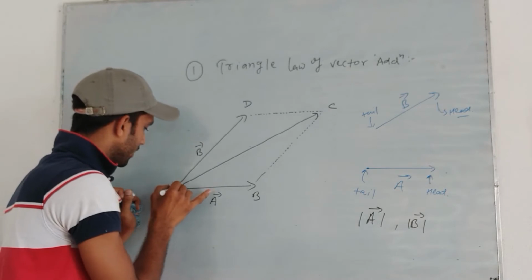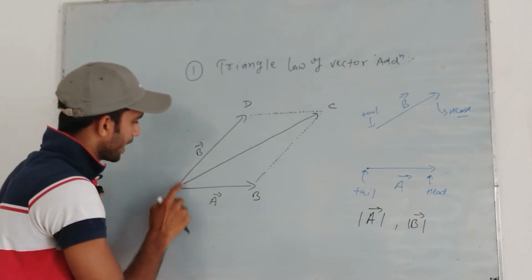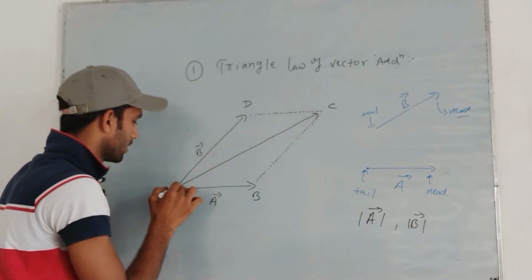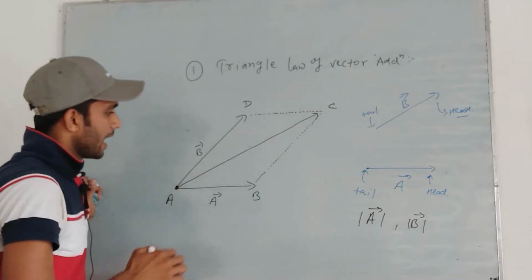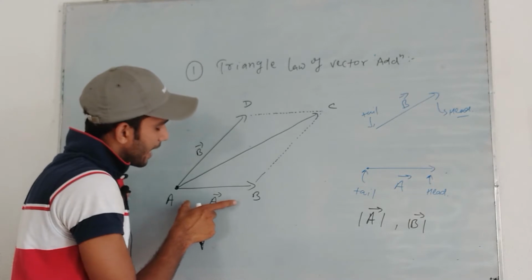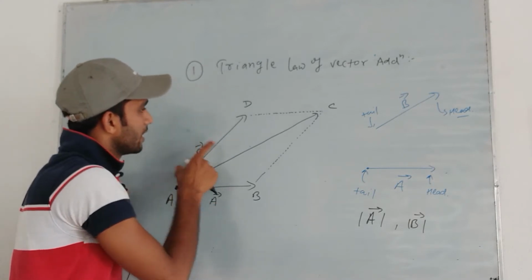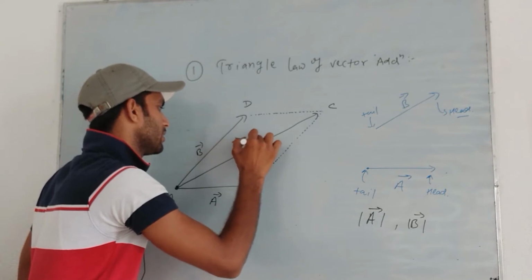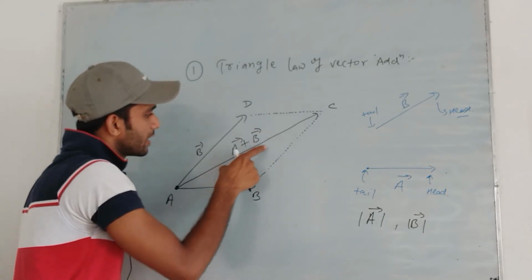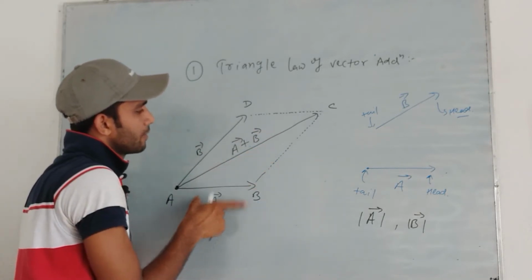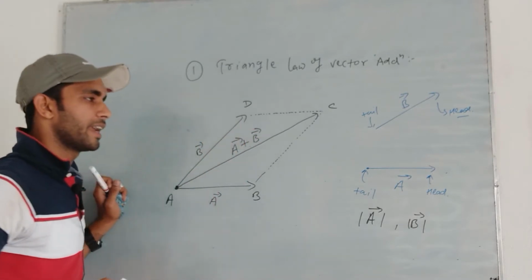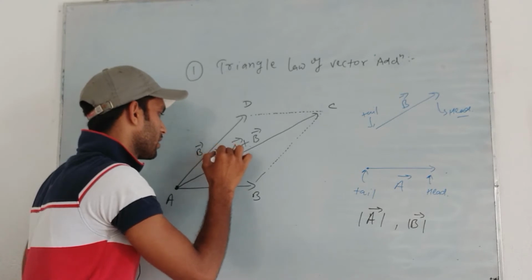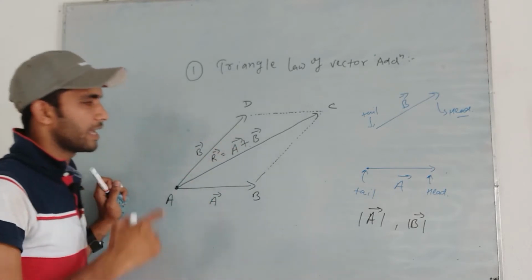So the tail of A and the tail of B and the tail of AC are at the same point, and the sum of A and B is given by AC. So this is a plus b. The diagonal of this parallelogram will give you the sum of a and b, right? So this is your resultant vector a plus b, right?